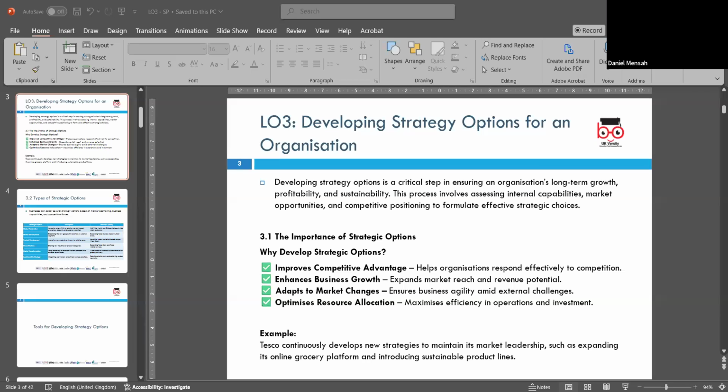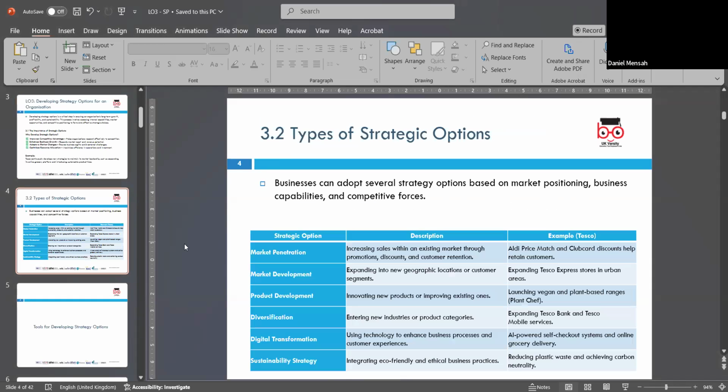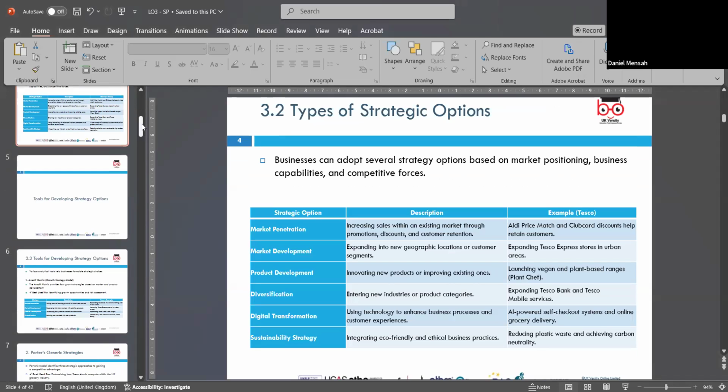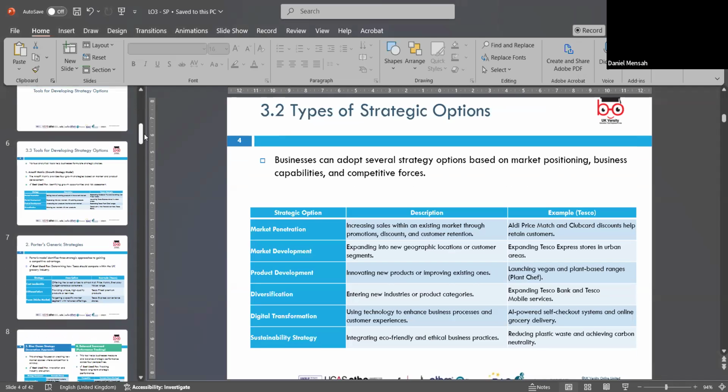So that's why we need to develop these options and finally make the best choice out of these options, which we are going to cover today. From a strategic option perspective, there are different kinds of options. They have given a few of them here, but we are going to cover all of these in the upcoming slides, where these options come under different models.